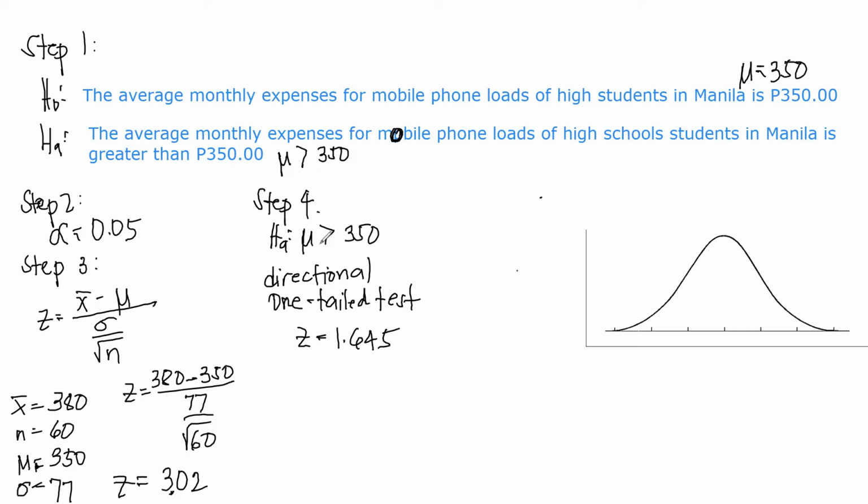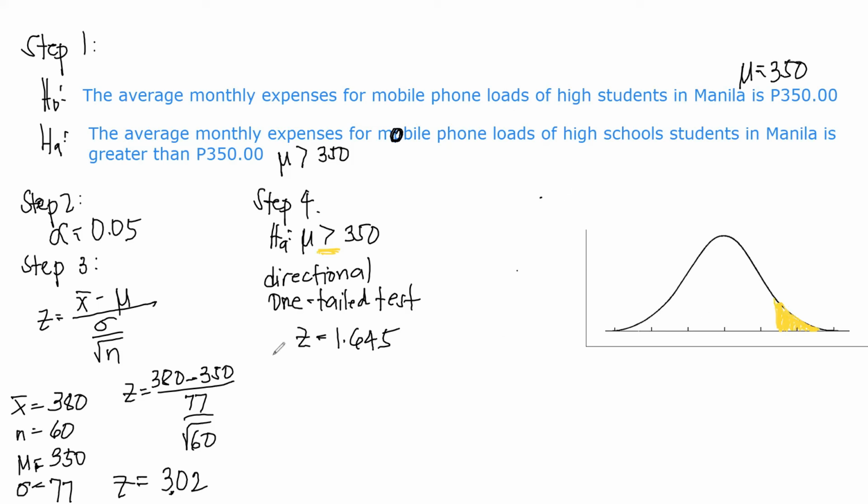Since the greater than symbol is pointing to the right, as you can see here, therefore, it is where we should put our rejection region. So in the right side of our normal curve, it is where we should put our rejection region. So we have it here. Why right? Because it is greater than. And we all know that greater numbers are found on the right.